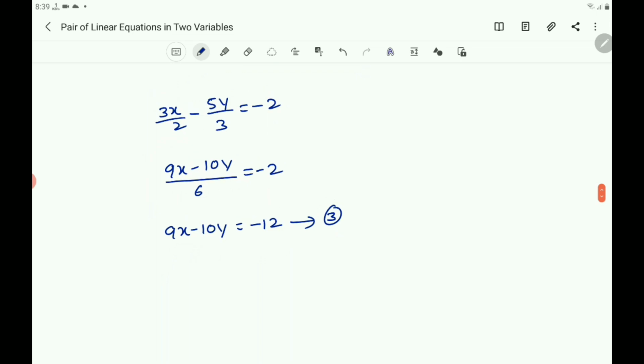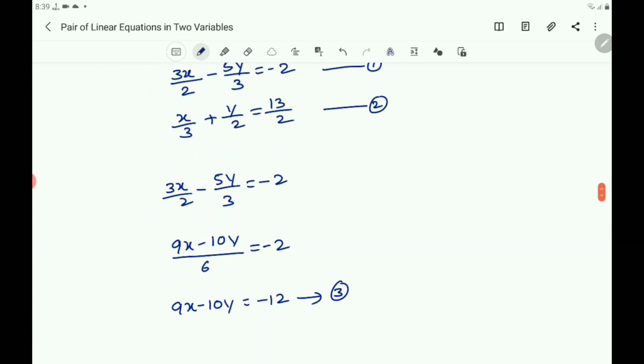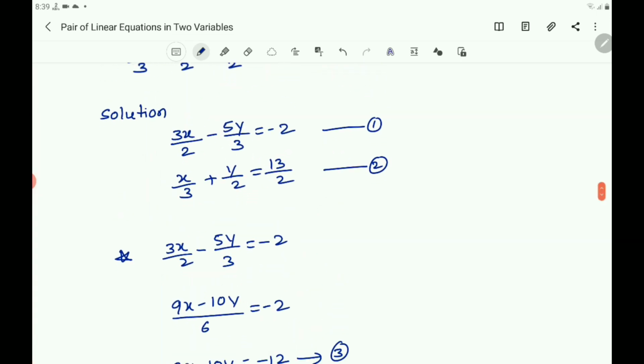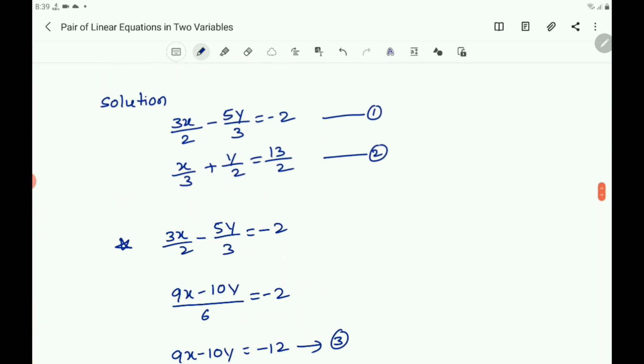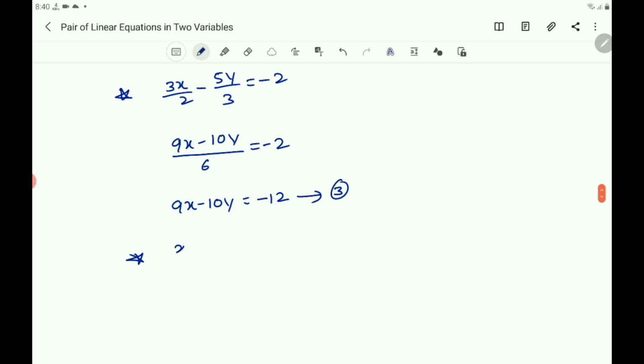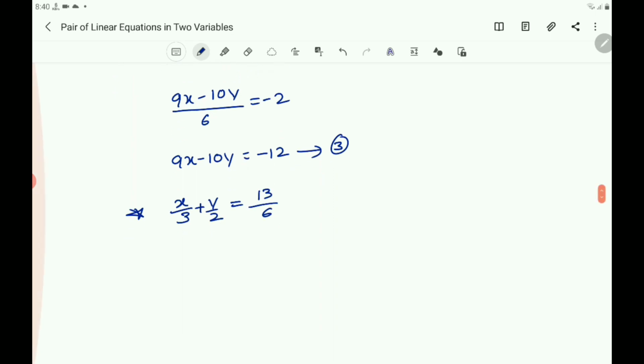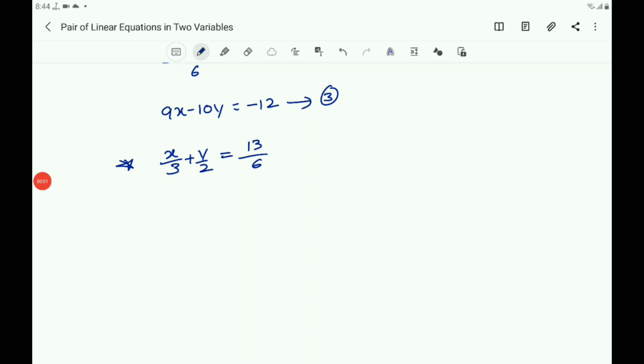Next, here you have taken the first equation. Then you consider x by 3 plus y by 2 equals 13 by 6. Again, LCM is 6.